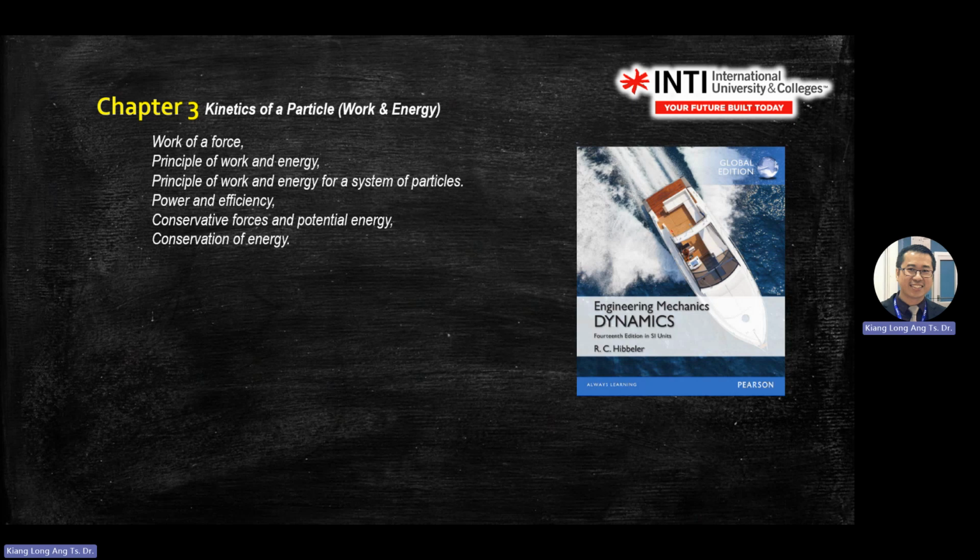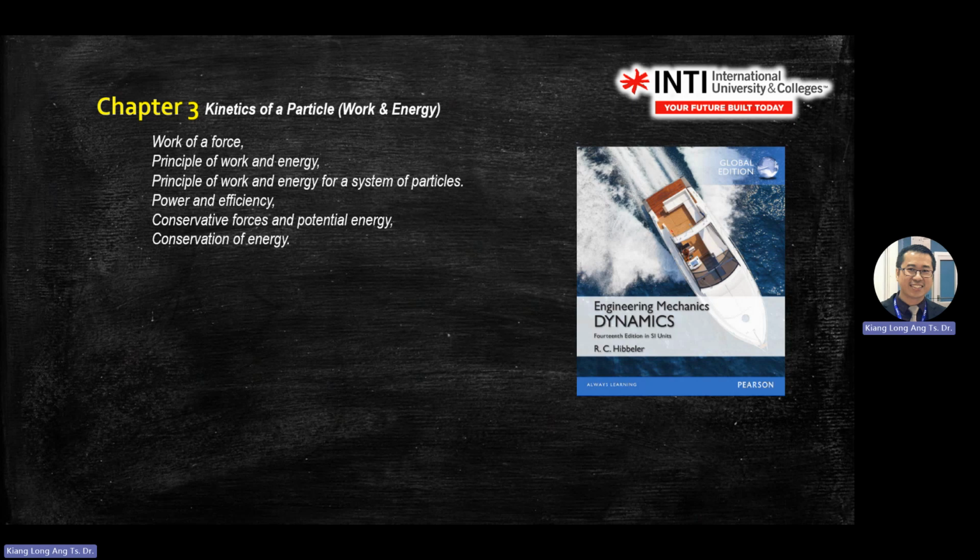Energy. Energy, you only deal with two types of energy: kinetic energy and potential energy. Kinetic, half mv square, potential mgh. Okay. Potential energy, you need to be careful with the datum. Later we will explain.